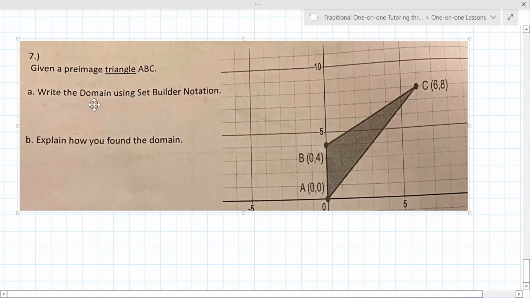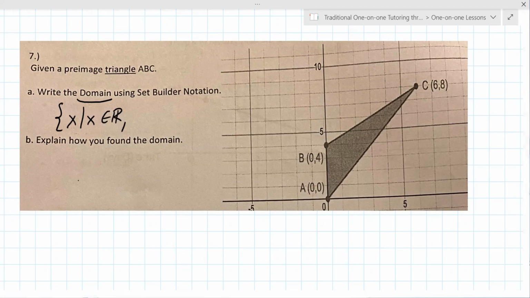The domain is the x values. So we write x such that x is an element of the real numbers. But this time we have a lot of restrictions.